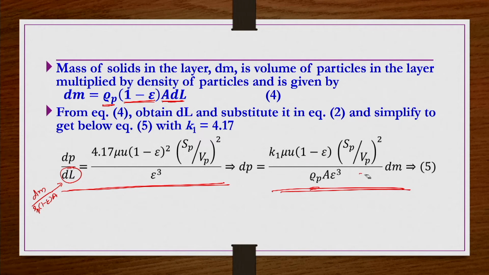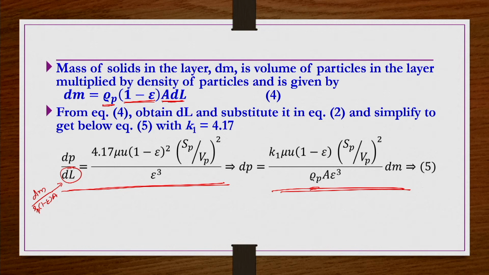So finally we get this equation: dP equals K1, a constant, whatever 4.17 is there, that we can take as K1. Whatever 150 is there in the flow through packed bed equation is also based on some experimental observation best suiting the tortuosity factor, etc. So those constants may slightly change, and it is not necessary to stick to those constant values as they are.